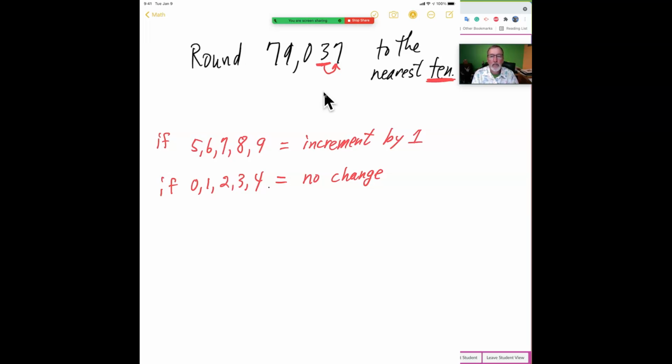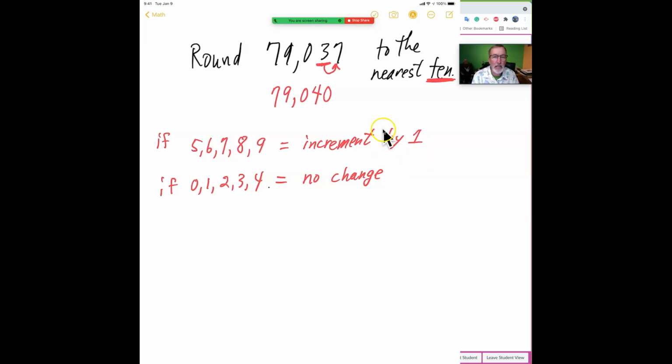So keeping that rule in mind, we're going to look at this 3, which is in the tens column, and we're rounding this 37 to the nearest 10. So the number on the immediate right is one of these numbers. It's a 7. So we're going to apply this rule and increment by 1, and we're going to get 79,040. We're incrementing the 3 by 1, and then that 7 goes away.